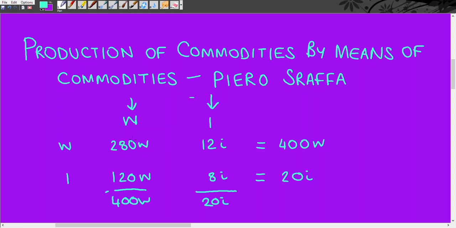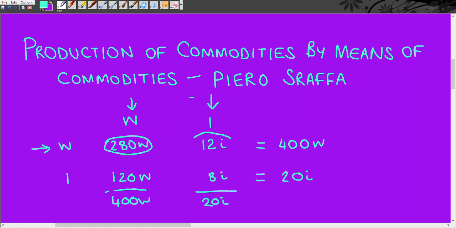So wheat is what people are paying their workers. The wheat industry, just here, has 400 wheat after this production round, and they pay their workers 280 wheat here. They also need iron to make wheat, so they're going to need 12 irons from the iron industry.